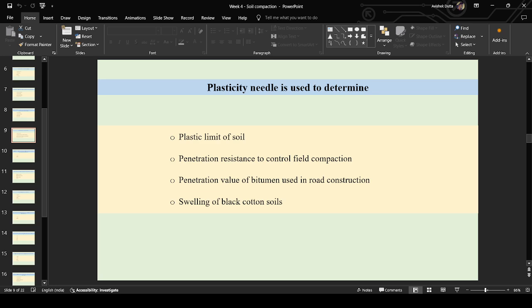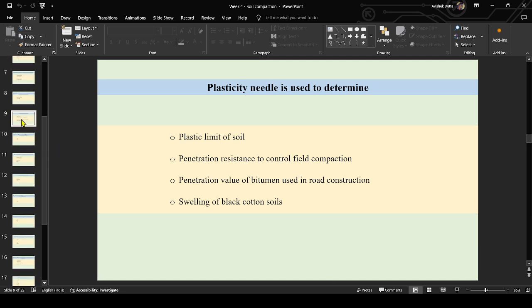I repeat the question. Plasticity needle is used to determine plastic limit of soil, penetration resistance to control field compaction, penetration value of bitumen used in road construction, or swelling of black cotton soil. Next question.